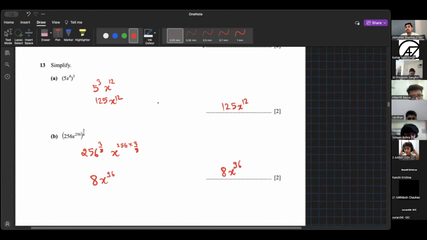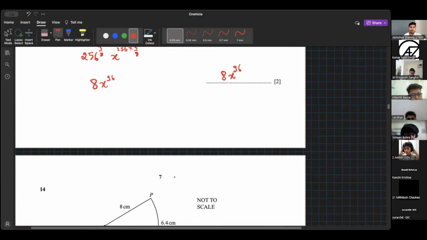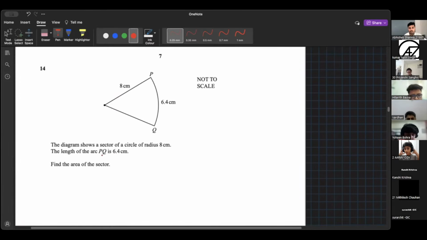So that we generally do in the non-calculator paper. Here we are allowed to use the calculator. We can simply do 256 to the power 3 over 8 like this. Put this in the calculator and you will get the answer as 8. Right? But what you said is perfect, but that we have to do in the non-calculator paper. Okay.